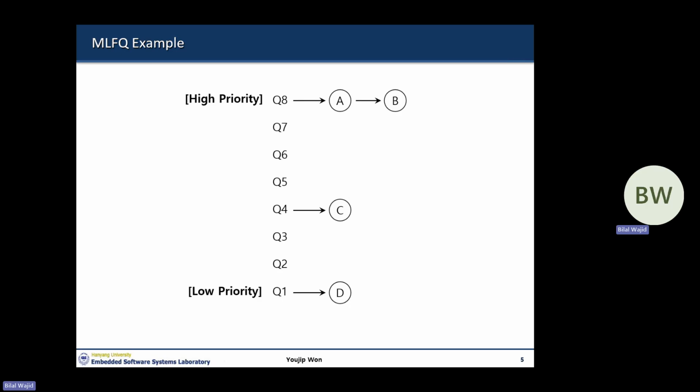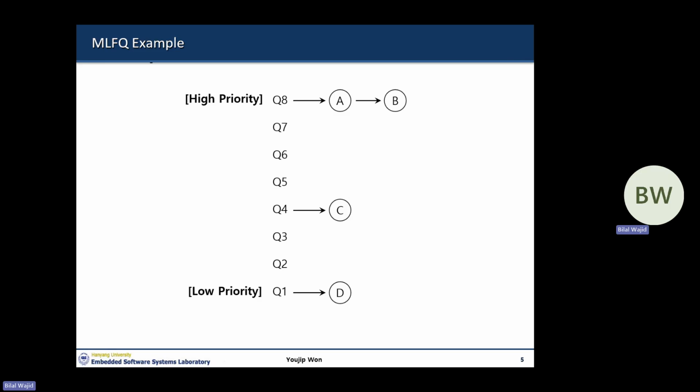I'm going to lower its priority and allow nicer, more well-behaved processes to continue. I'm going to give them higher priority. That is how the feedback is integrated within the framework.